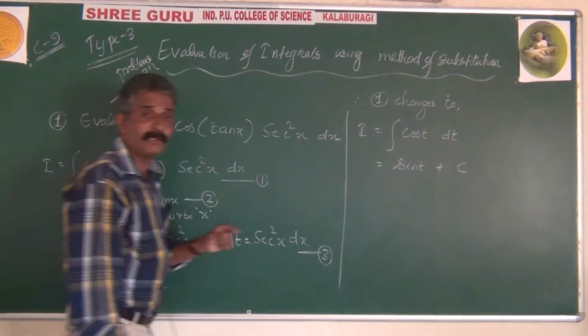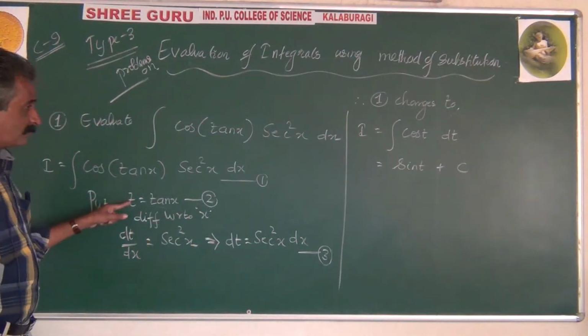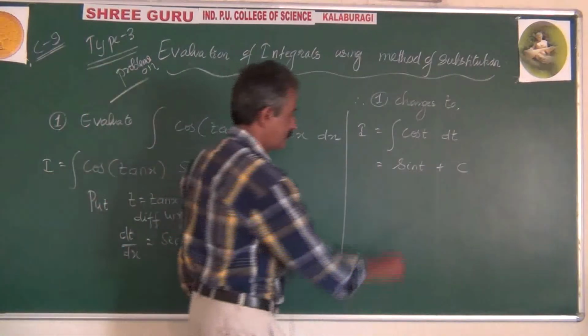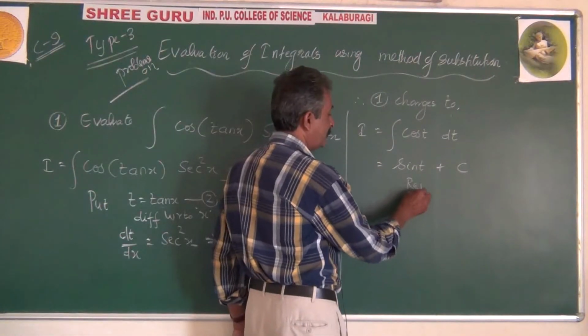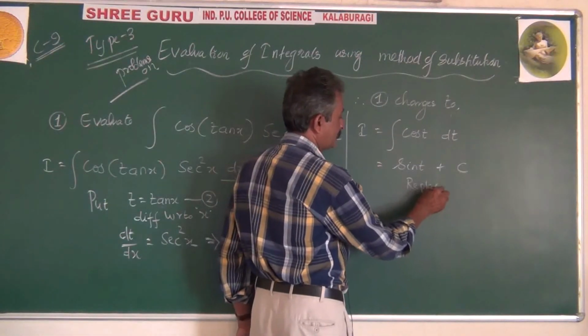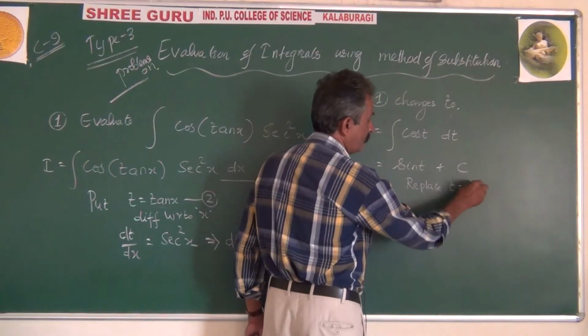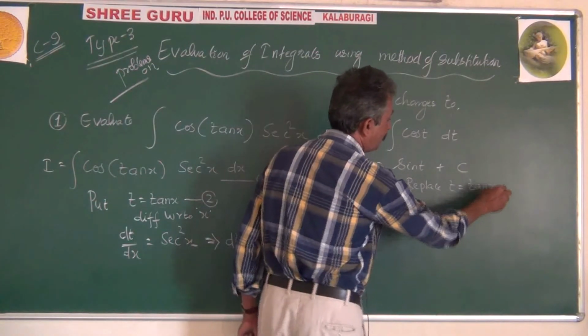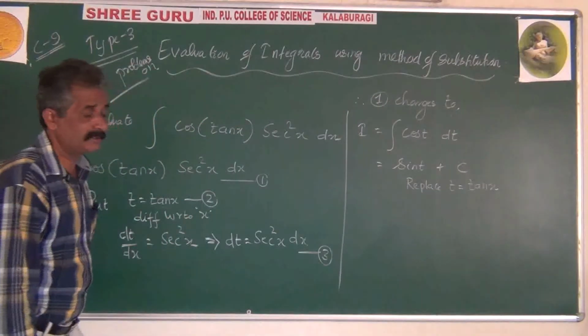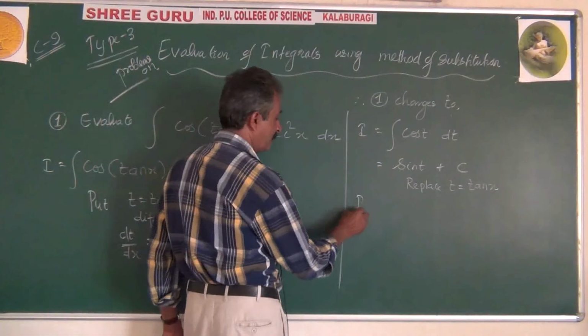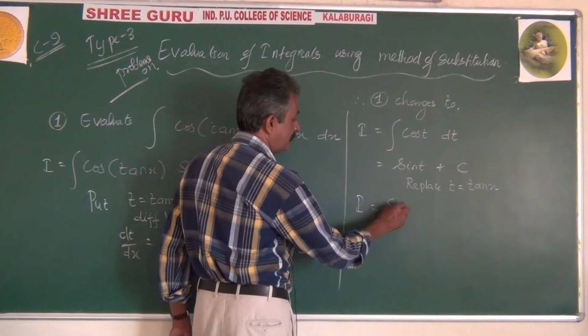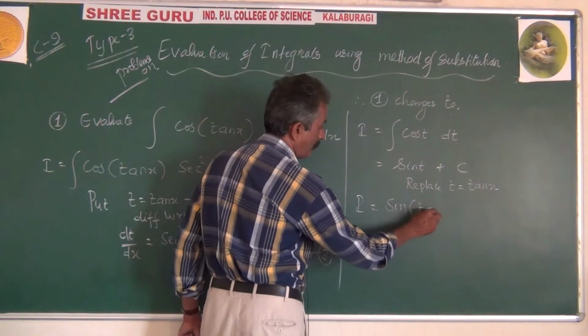Replace the t value, compulsory. What is the t value? Tan x. So replace t equal to tan x. So now I becomes sin of tan x plus c.